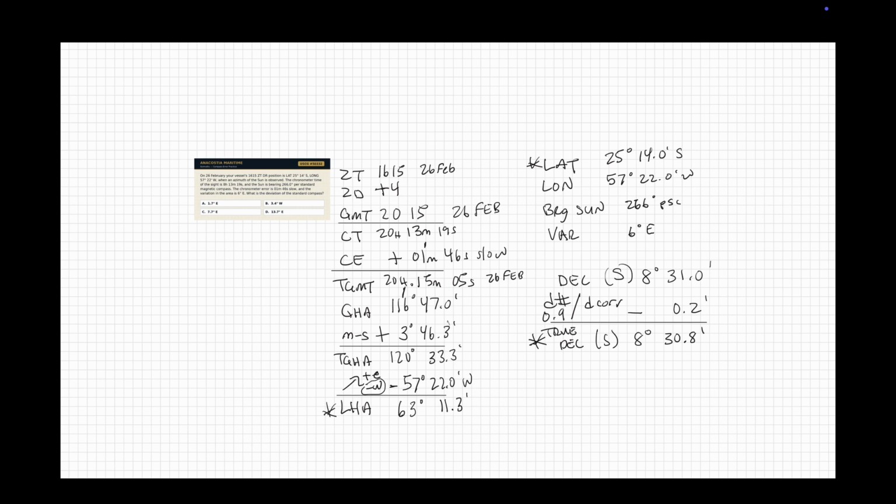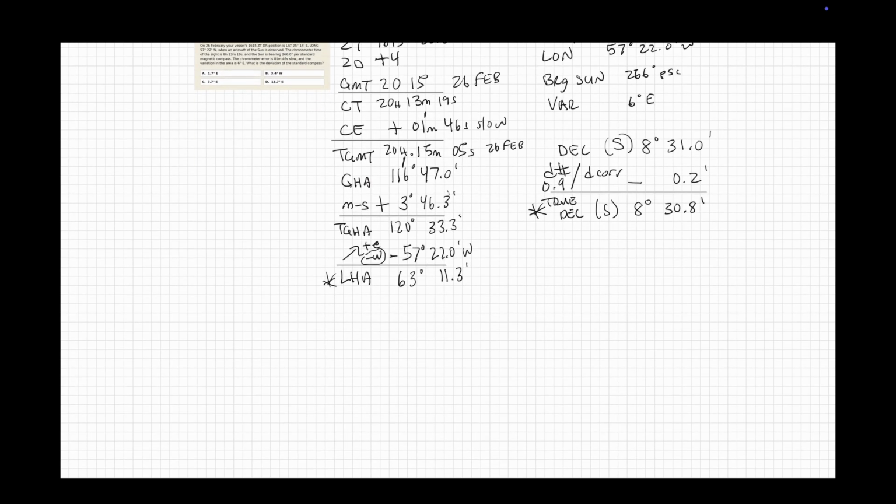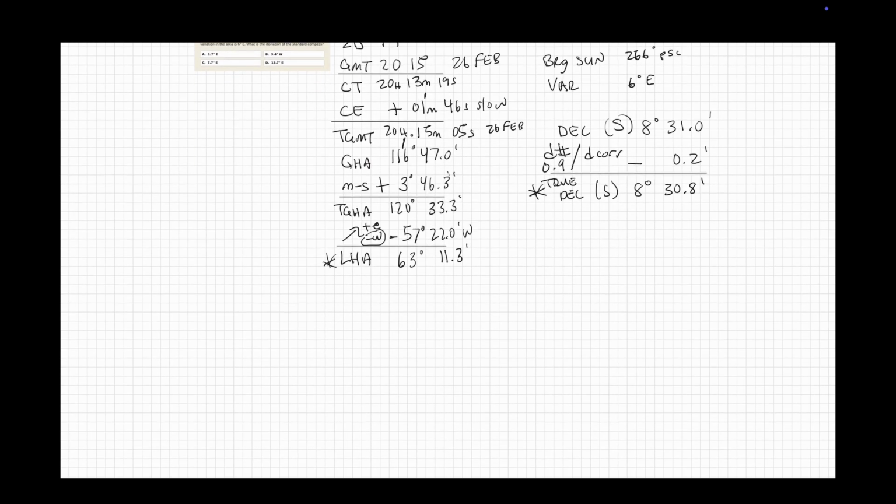Now we can do what? Let's enter Pub 229. It's all easy now. You just have to pay attention closely and make sure you have a straight edge. So what are we going to do with Pub 229? I can close this out.